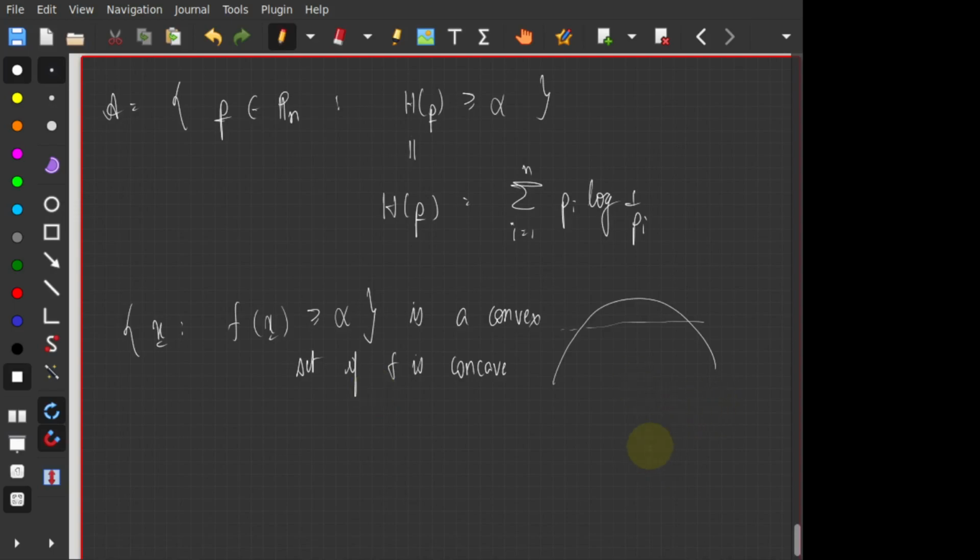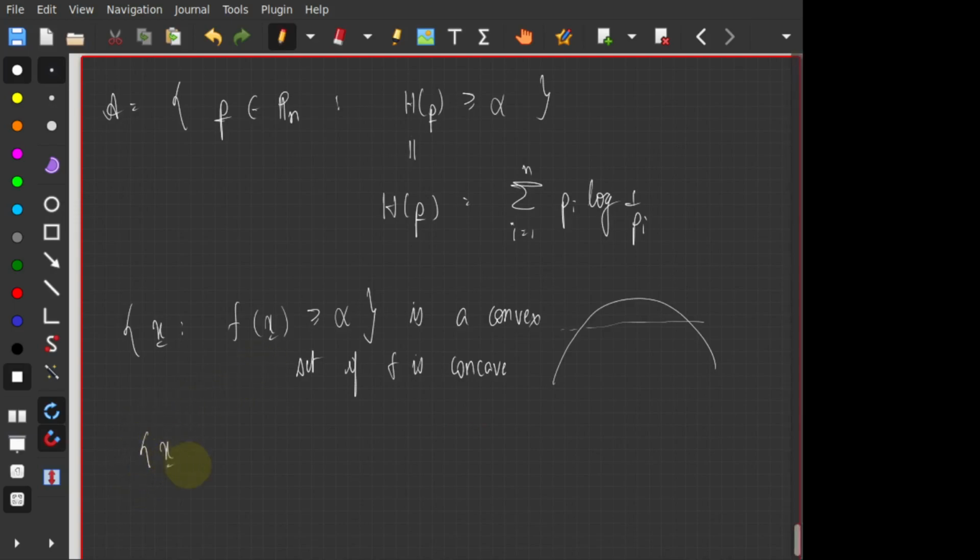A concave function is like an inverted bowl, and the set of all x such that f of x is greater than or equal to alpha is like taking a plane at height alpha and looking at the set of points which lie above it. That will be a convex set. These are called level sets, and we'll see them later.